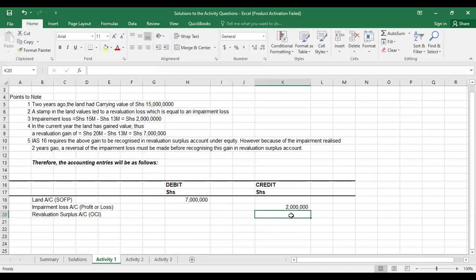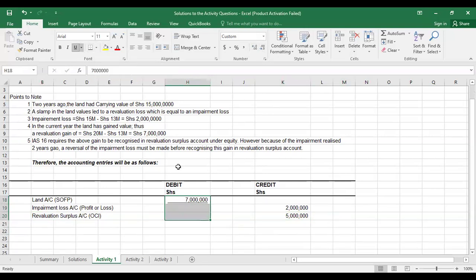We shall credit 5 million, which is the difference between the 2 million and the 7 million.